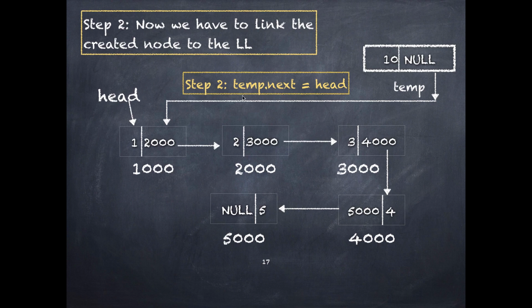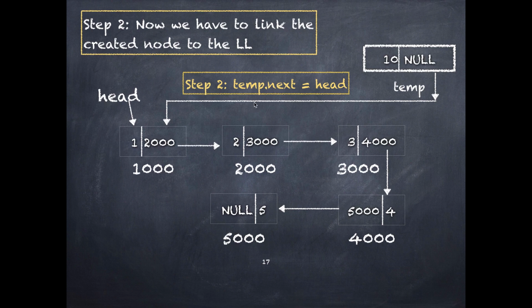So what is step 2 which is shown in the yellow color? Step 2 is temp dot next. This null pointer we have to reassign, right? This null has to point to the existing first element. Then only it will become the first element.